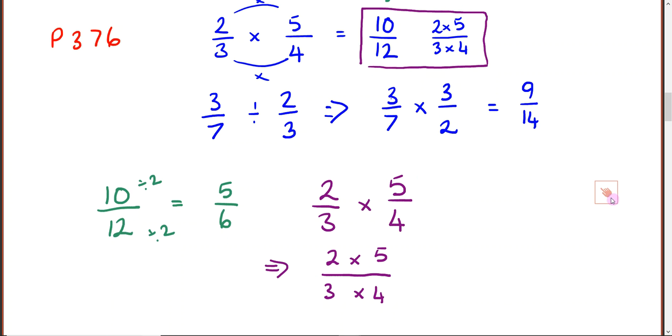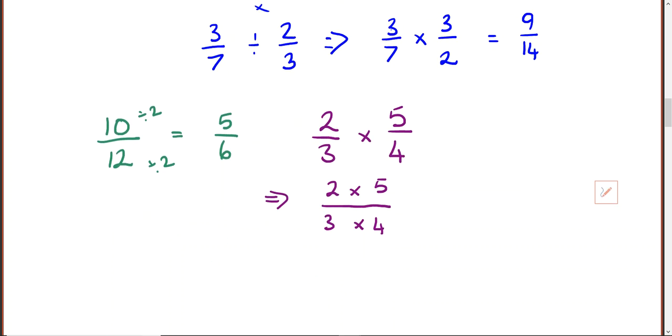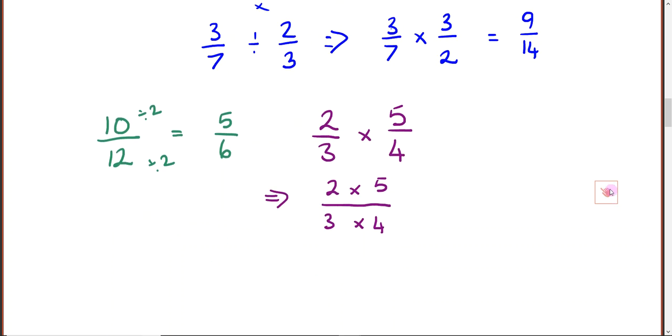What do we know about multiplication in general? The most basic thing you were told is that 2 times 3 is the same as 3 times 2. You can do multiplication the other way around.